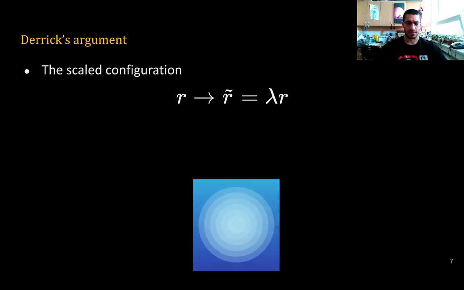To obtain the identity, we consider the radial transformation, r goes to lambda r, which is basically equivalent to changing the energy of the field.